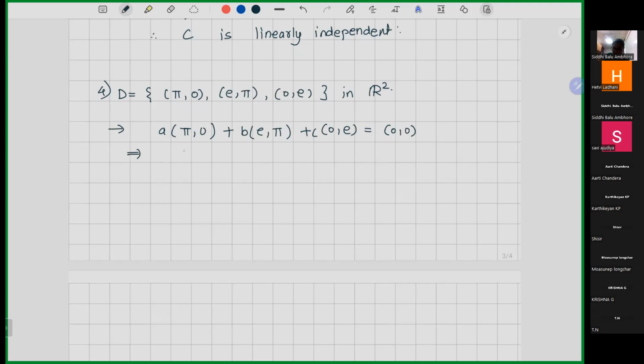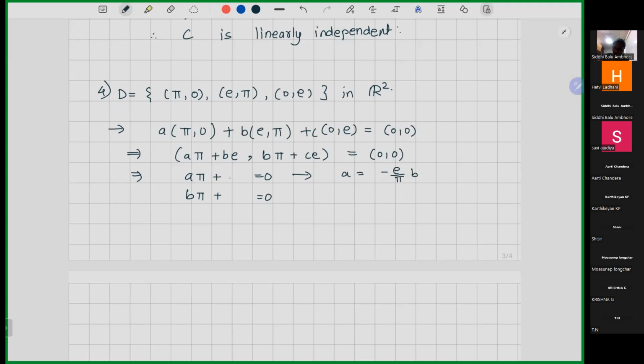Okay, so let me write a(pi, 0) plus b(e, pi) plus c(0, e) is equal to (0, 0). And what does this give me? A pi plus b e is equal to 0, comparing component wise, and b pi plus c e is equal to 0. And from this I get a is equal to minus e by pi b.